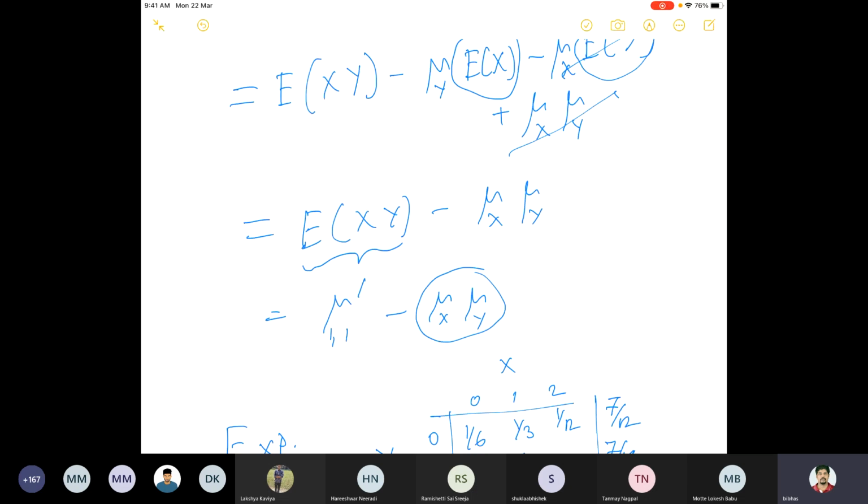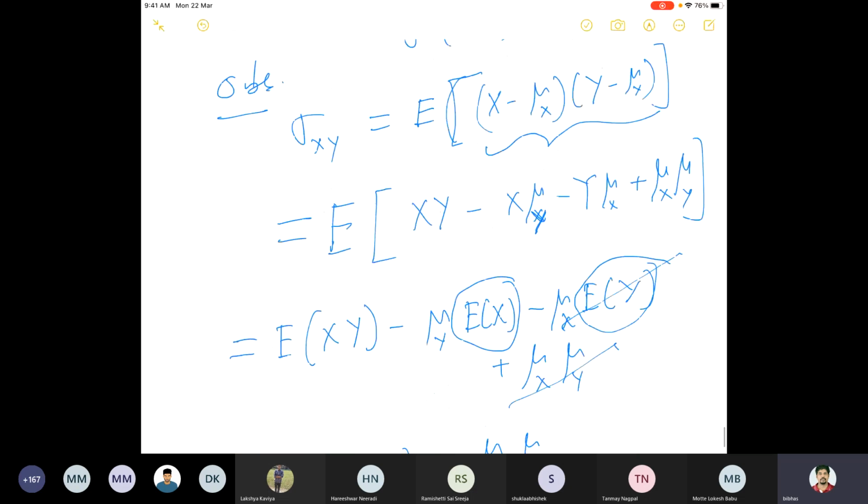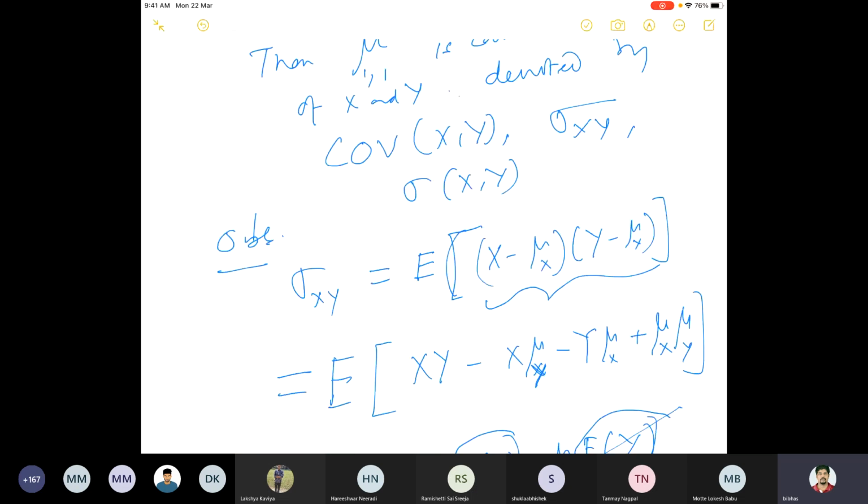You will see that covariance is positive, meaning when x is bigger than mu x, y is bigger than mu y. If you are increasing x, and often when you increase the value of y, for large values of y, there is some change in the product value.